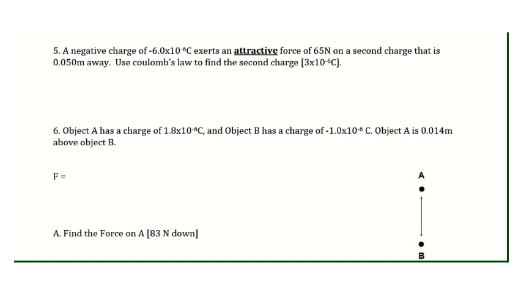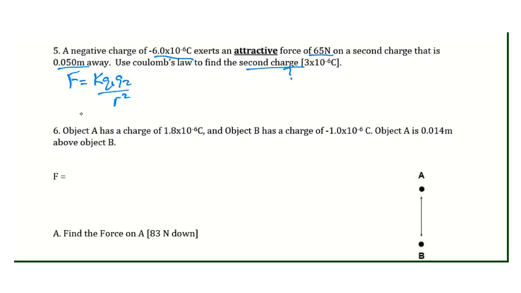If you're asked to find one of the charges, I recommend writing the Coulomb's law and identifying what it is you have to find. So in this case, we have a force. We know it's 5 centimeters away. The second charge is what we're looking for.